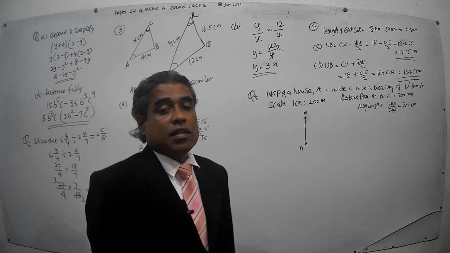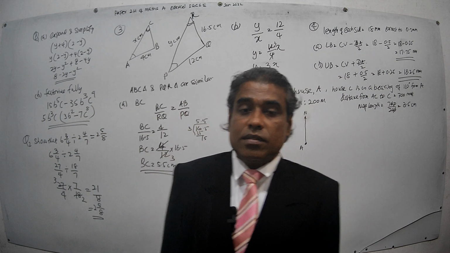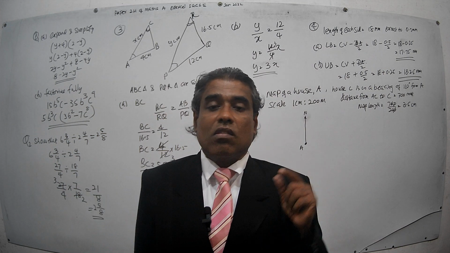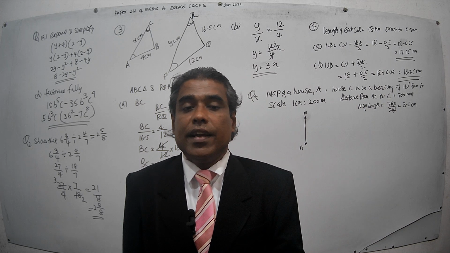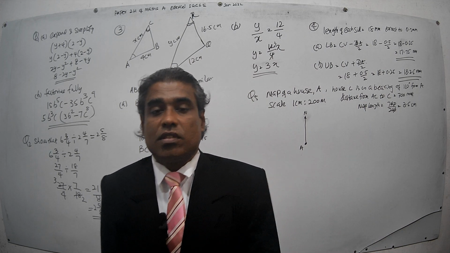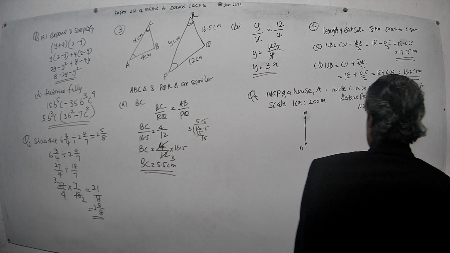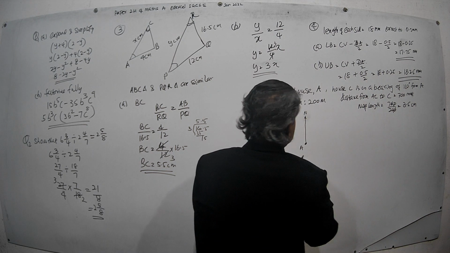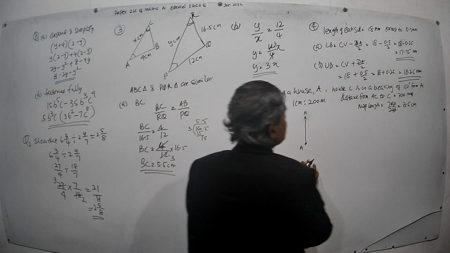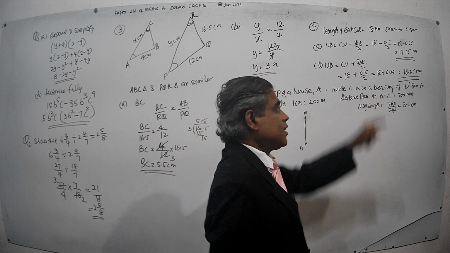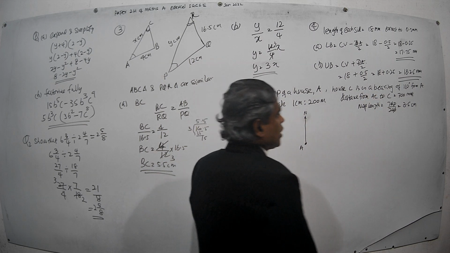The bearing of C from A is the clockwise angle from north about A towards C. We measure the clockwise angle about A like this.